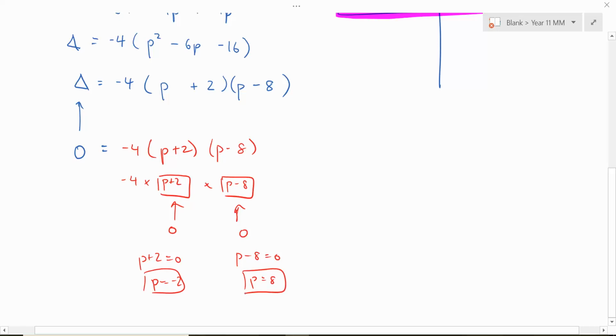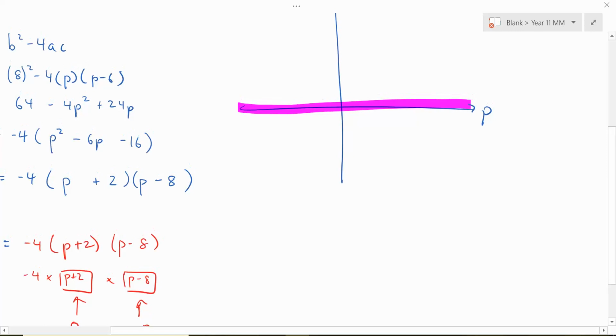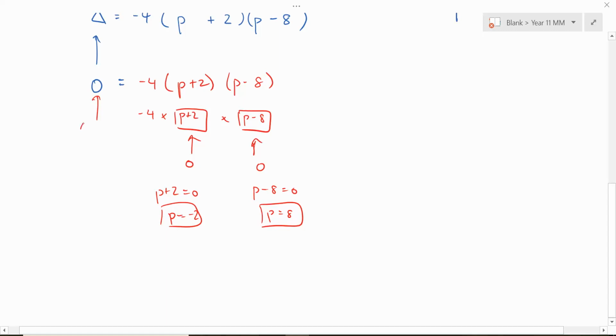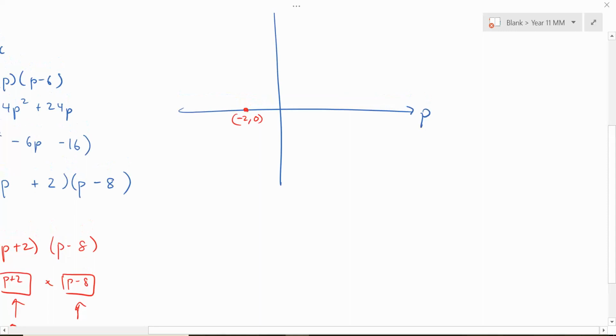So when p is negative 2, the discriminant is 0. That's what I just worked out: when the discriminant is 0, p has to be negative 2 or 8. So when 8 is your p, the discriminant is 0.